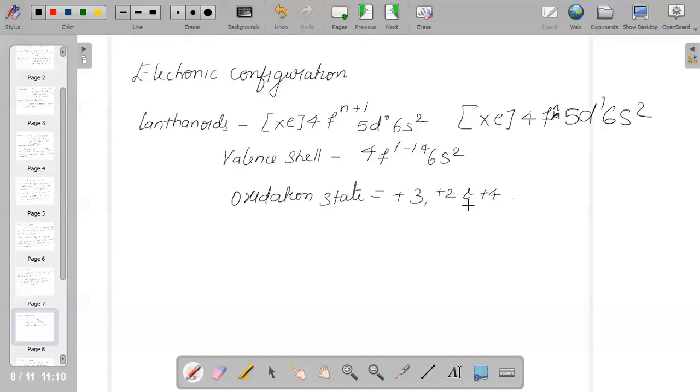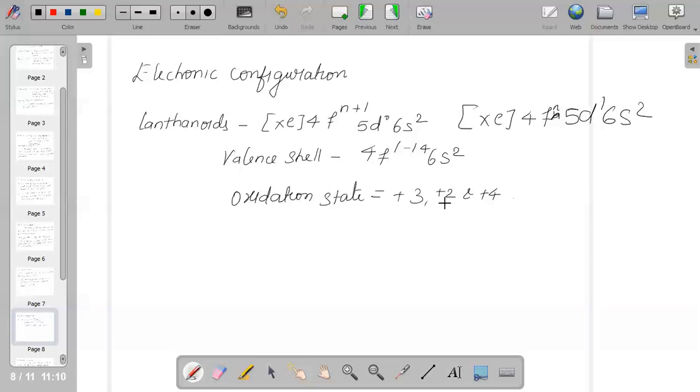And if we apply gentle heat on lanthanides, they will have the tendency of combining with hydrogen. And of course, if we heat lanthanoids with carbon, they will lead to the formation of carbides and halides, but there should be some presence of halogen while burning.